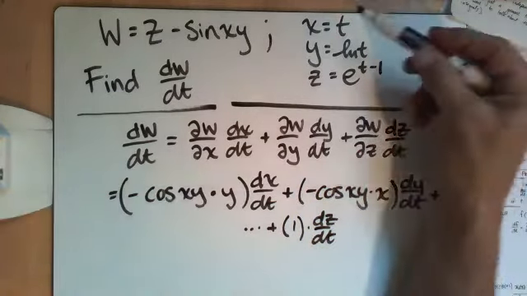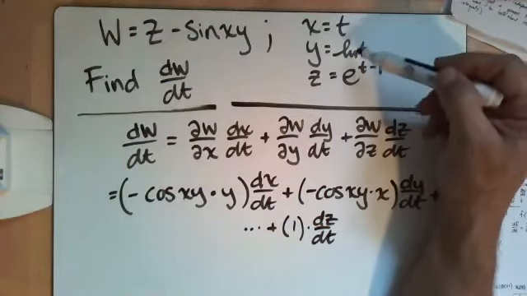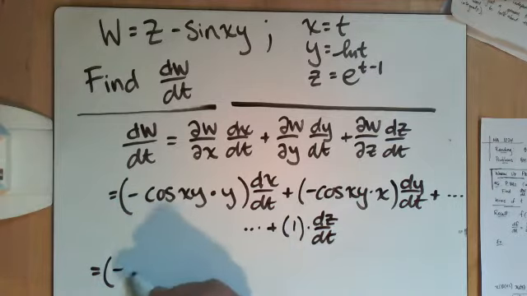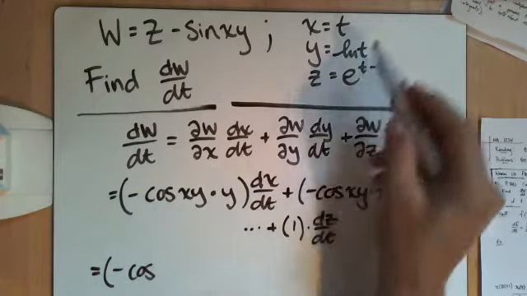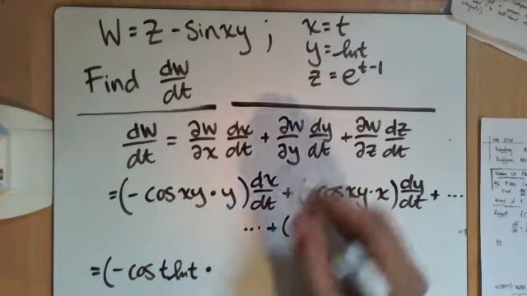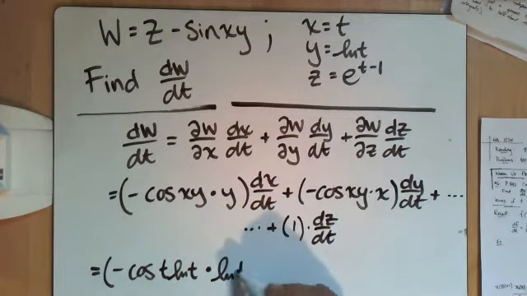Well, here are my functions, so now I need to plug them in. Negative cosine xy is cosine t log t, times y, which is log t, times dx dt.